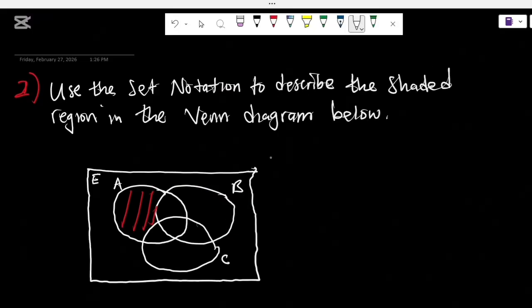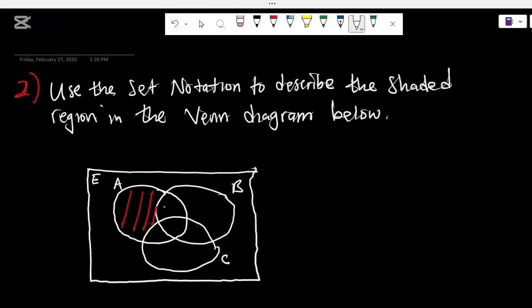So here's the second question. Use the set notation to describe the shaded region in the Venn diagram below. I think it's very easy for you to get the correct answer for this one, because you notice that the part of the universal set that is shaded is the part that belongs to A. Of course, the entire A set section is not shaded, only this portion.